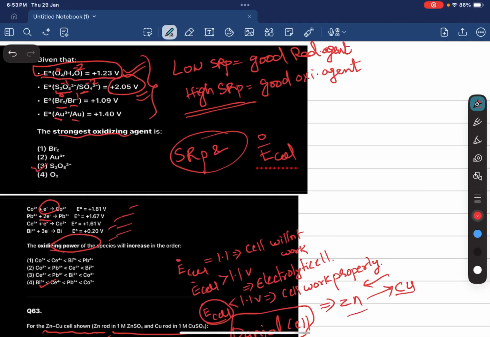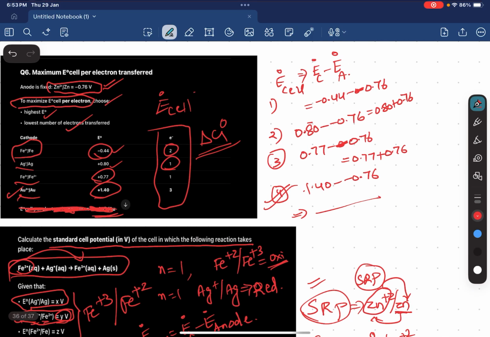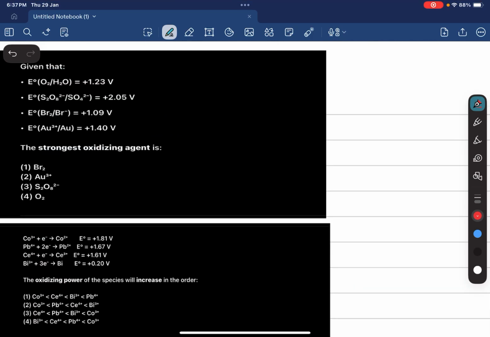Let's learn all the models of PYQs, board, NEET, JEE, all the model questions. Some questions of the first two lectures, mostly related to SRP. So E naught values are given in this and they are asking which is the strongest oxidizing agent.